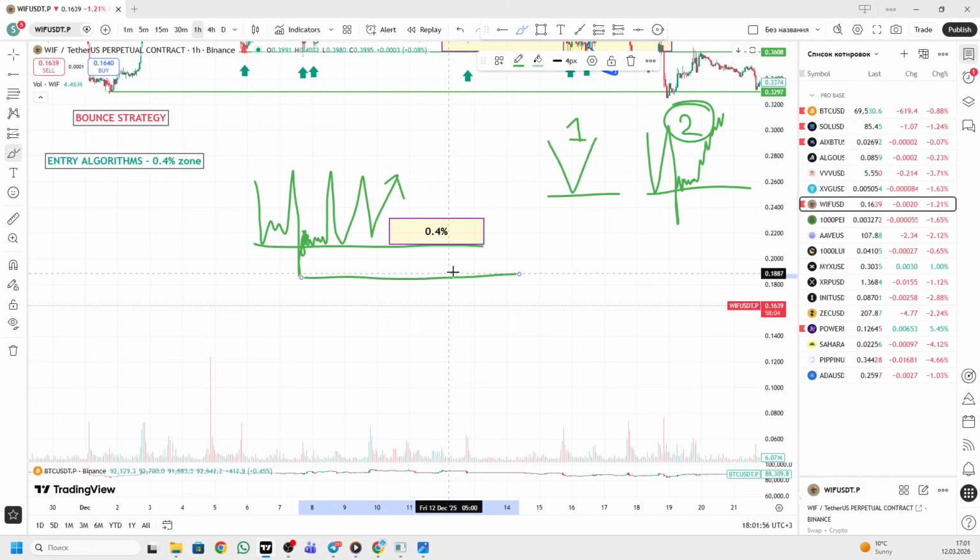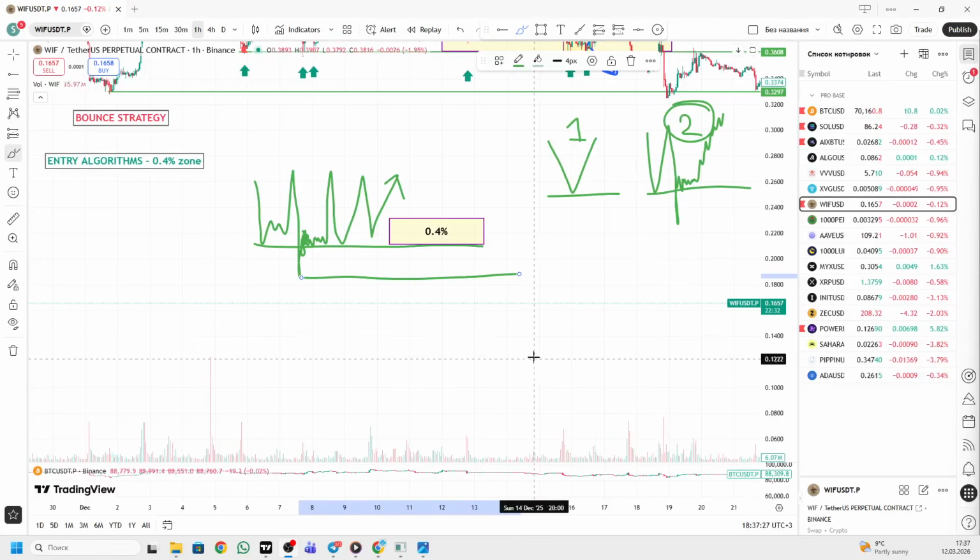That's exactly why we hide our stop loss behind that area, behind the wicks. Now, how do we actually build the position? We will build a position within this 0.4% area.